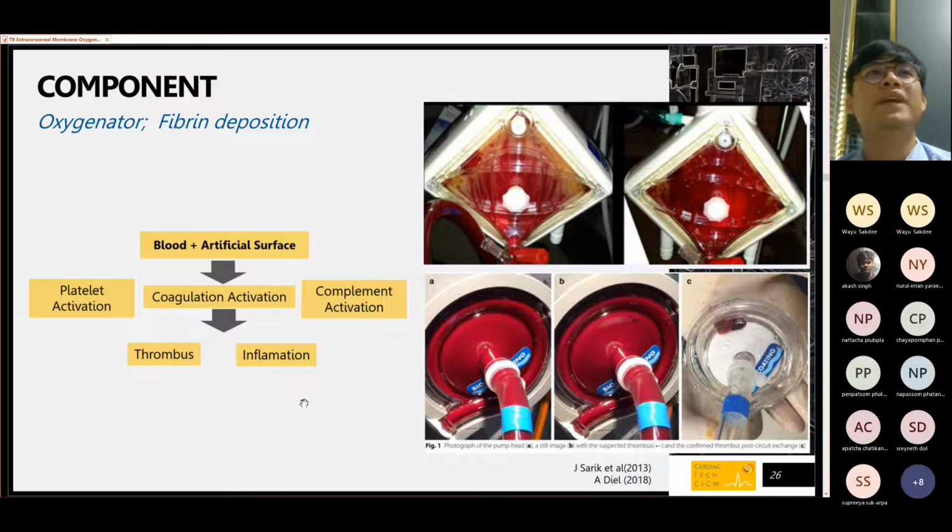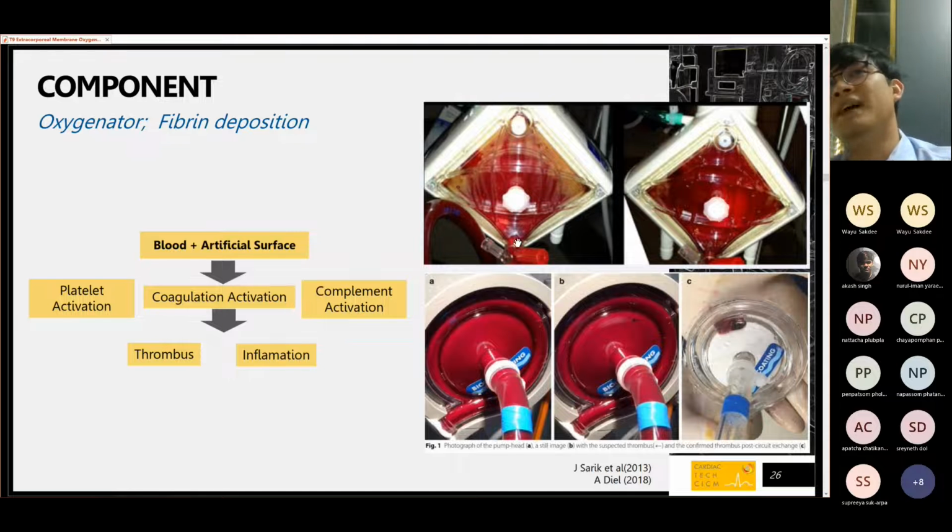Also, because we run the oxygenator for a long time, blood contacts the artificial surface like in the CPB, and it can activate platelet function, coagulation function, and also the complement system. The response to that is going to cause both thrombus and inflammation.